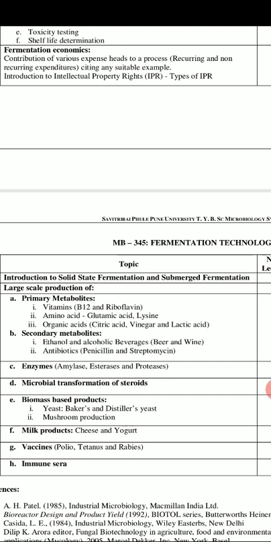And the last and the most important point is the production of immune sera. Now this concept of immune sera is quite new for you. Immune sera is nothing but serum that contains antibodies. Now in short we will see what is immune sera.